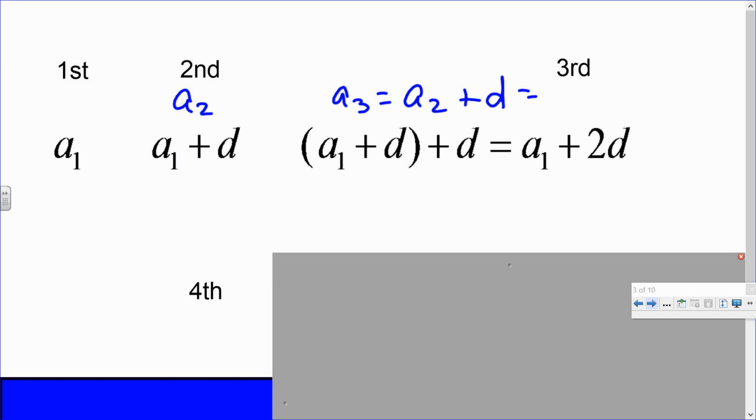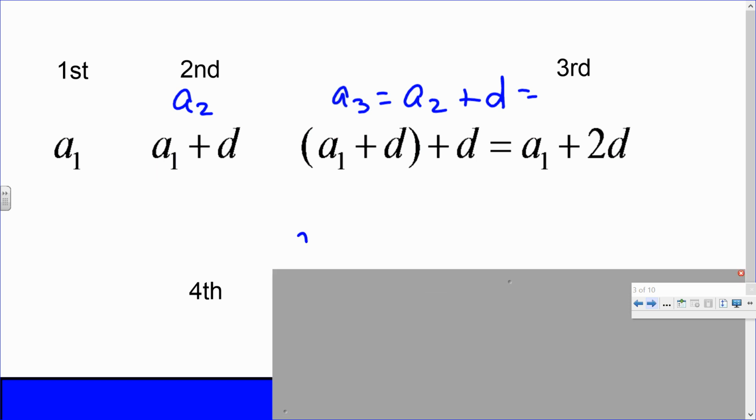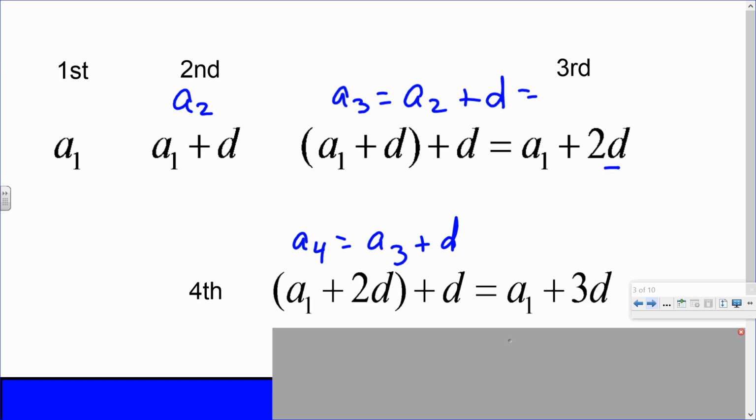If I want my fourth term, it's going to be the third term plus D again, right? But my third term is A1 plus 2D plus another D, means I have A1 plus 3D.